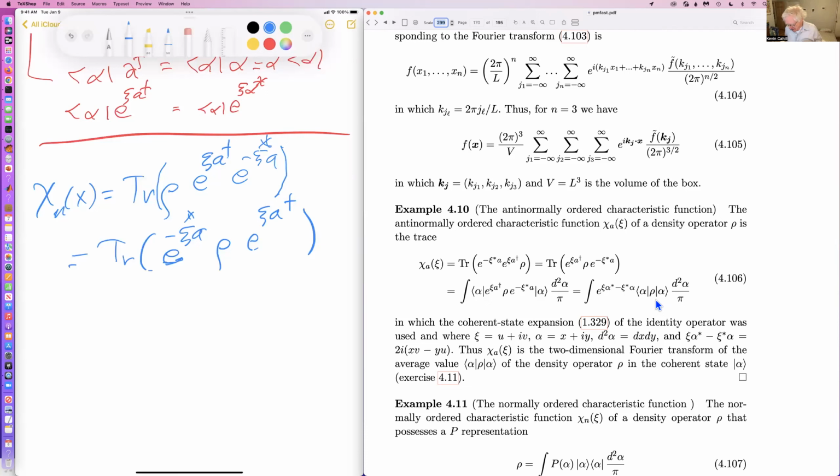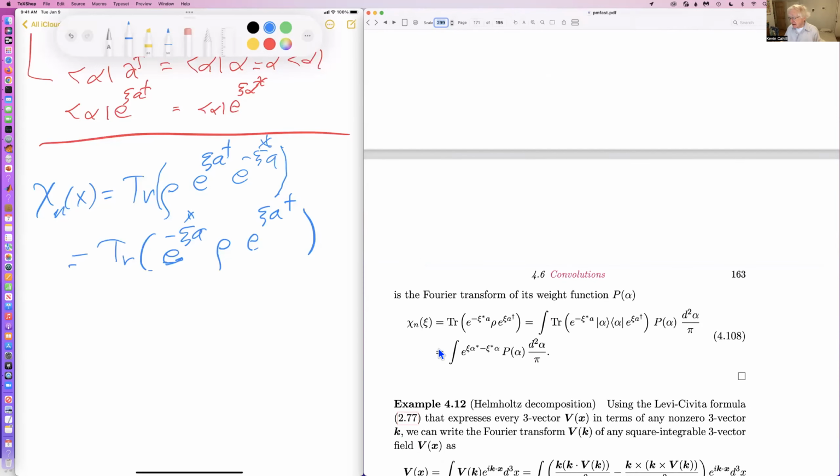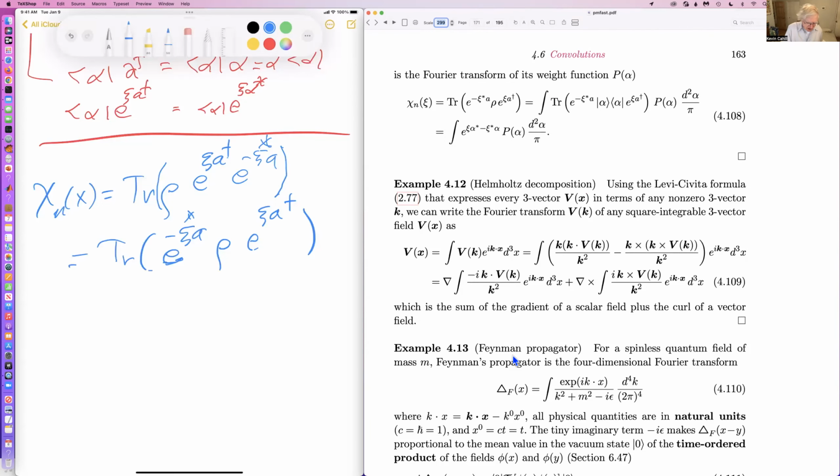And remember that I said to you that Fourier transformation maps sharp into smooth and smooth into sharp. So this is smooth. So the anti-normally ordered characteristic function must be kind of sharp. On the other hand, the normally ordered one must be kind of smooth. And then P of alpha is sometimes too sharp to be a function. In fact, too sharp even to be a distribution of any ordinary kind.